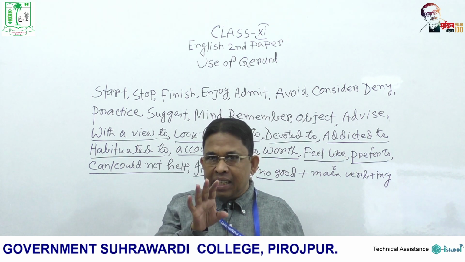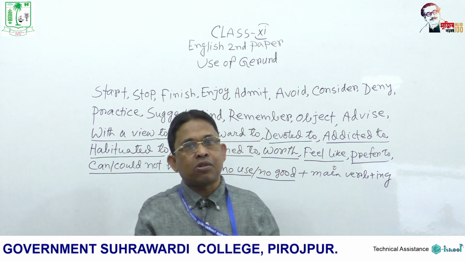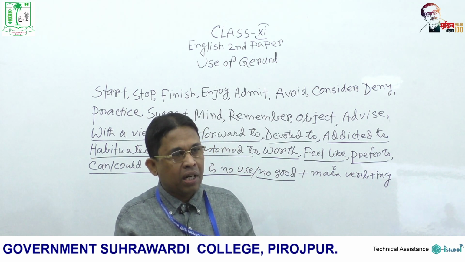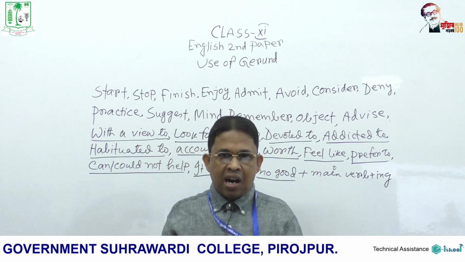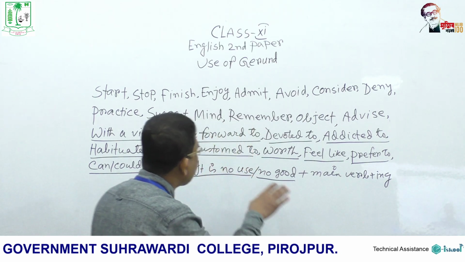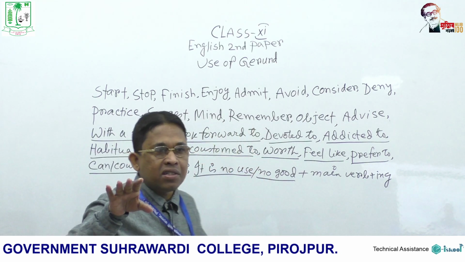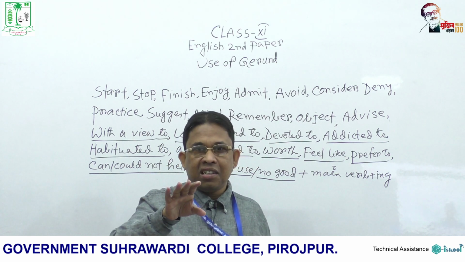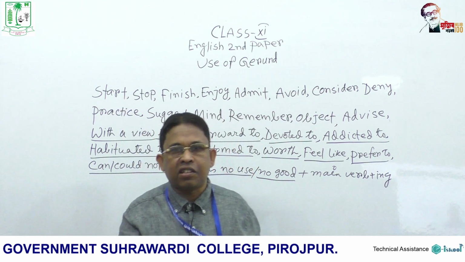So, we actually get three kinds of ing form in English grammar, that is a gerund, a participle, or a continuous form.